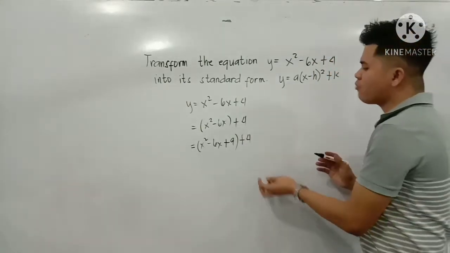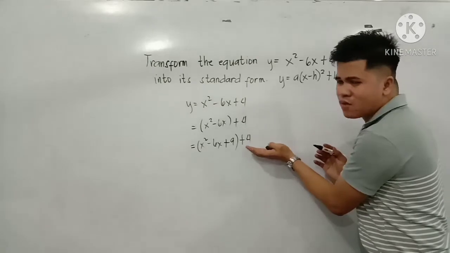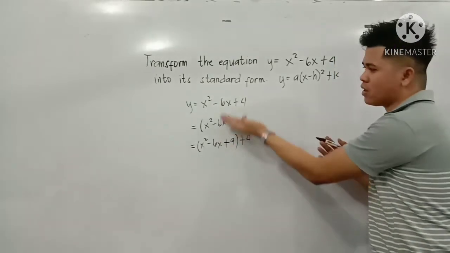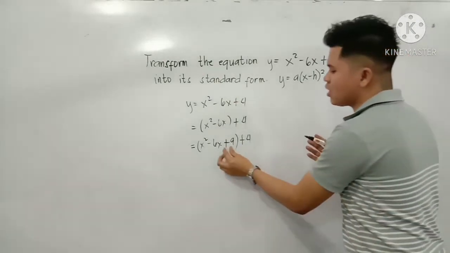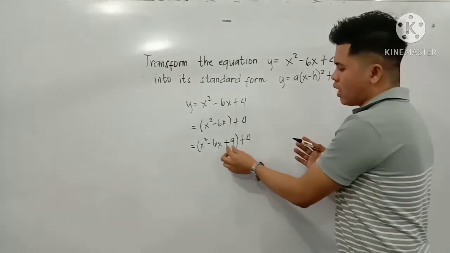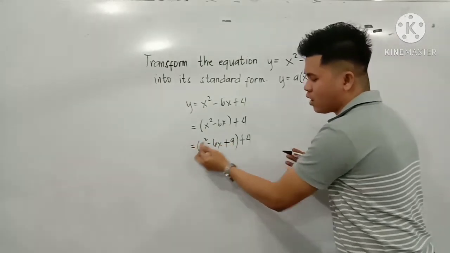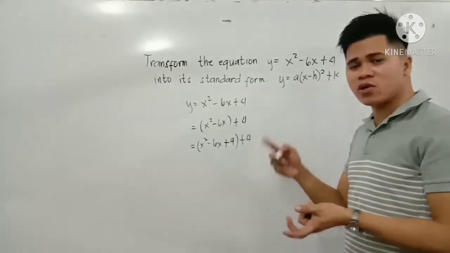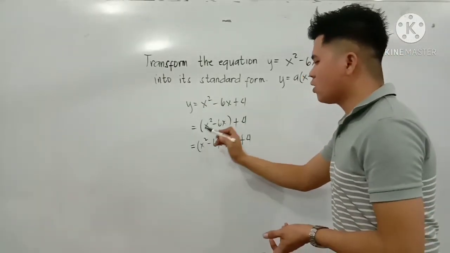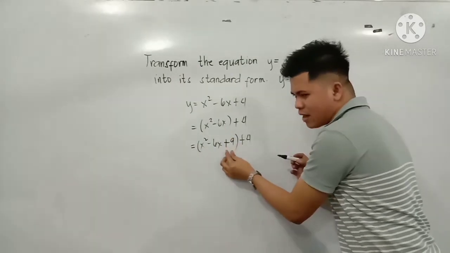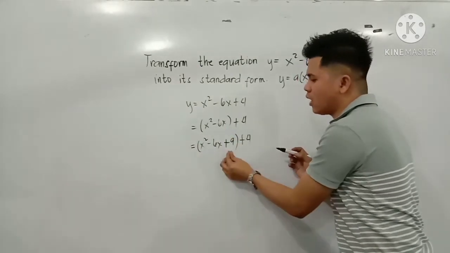Then, we have to add here the additive inverse of the number that was being added to the given equation. And since the leading coefficient, or the coefficient of our quadratic term, is simply 1, we have to multiply it to the constant of our perfect square trinomial.